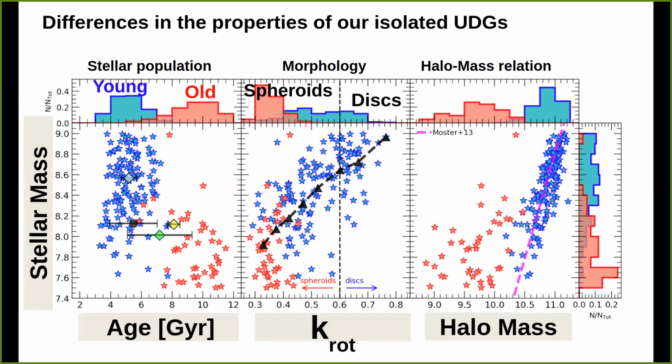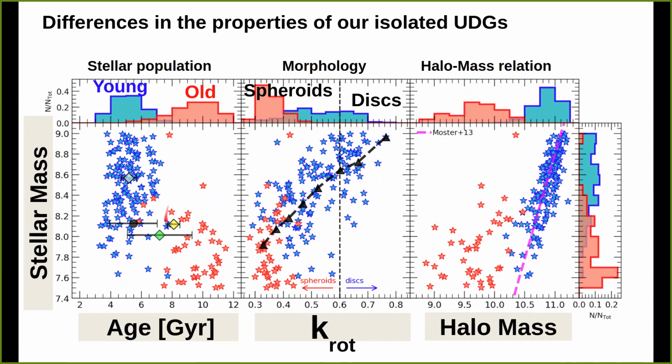For example, in the left panel, we have differences in the ages of the stellar populations, where the star-forming galaxies are very young, in contrast with the old population of quenched UDGs.